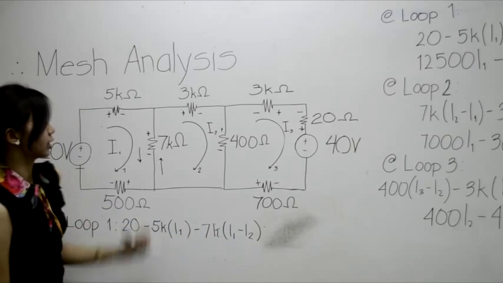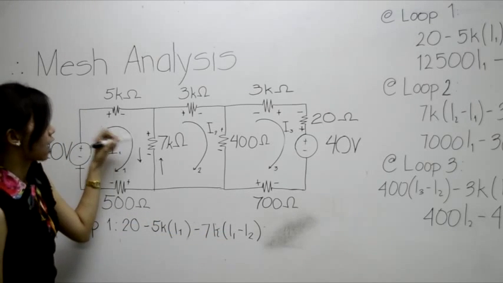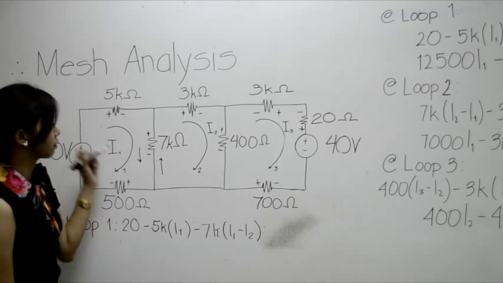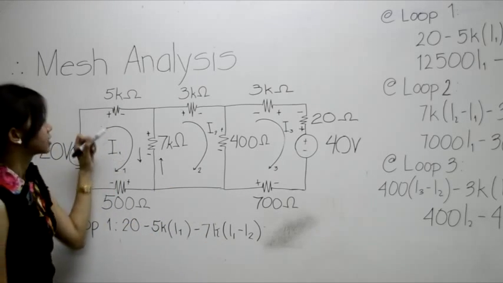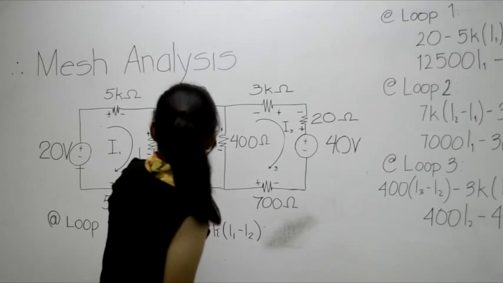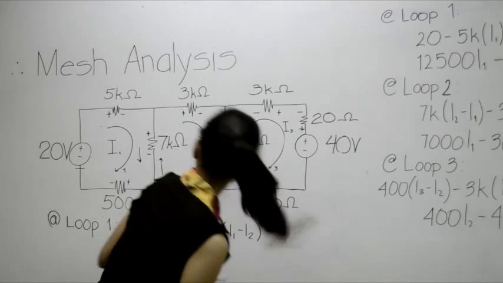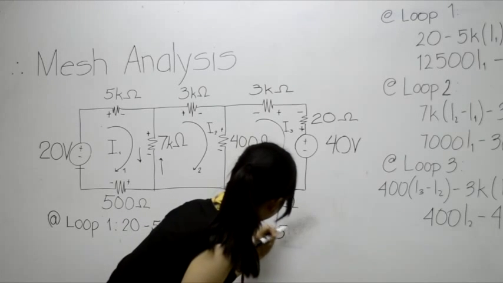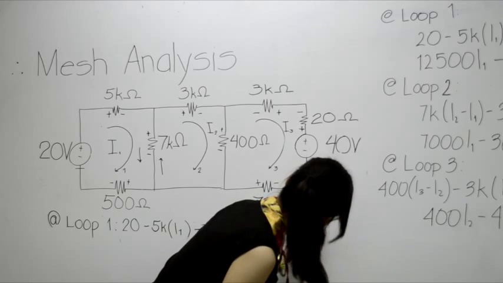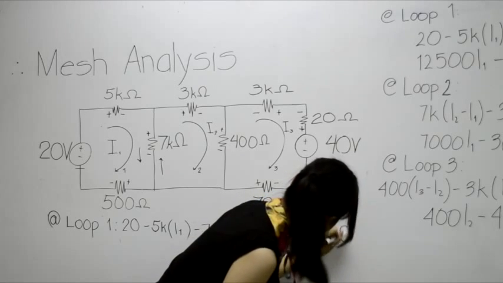I1 and I2 is the circulating current across the 7 kilo ohm resistor, and it is minus because the flow of the current of I1 is going down while I2 is going up. Minus 500 ohms times the circulating current I1 and equated to 0.